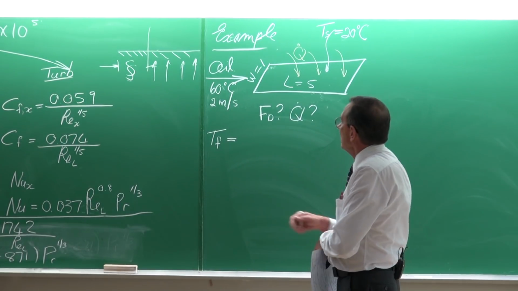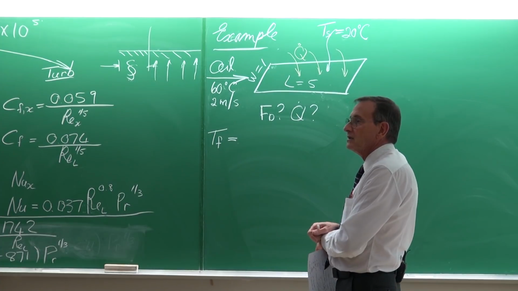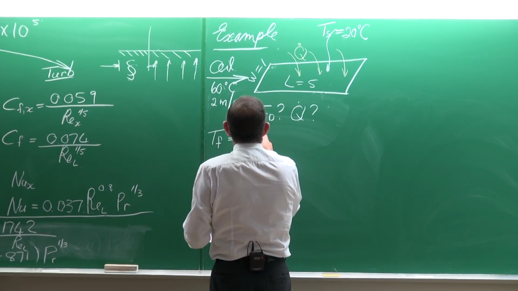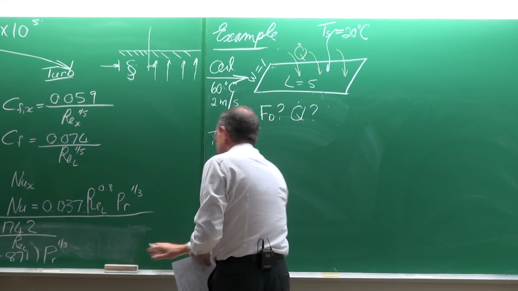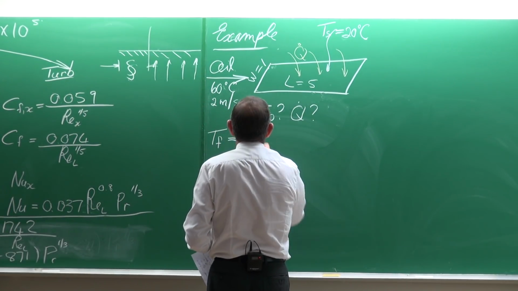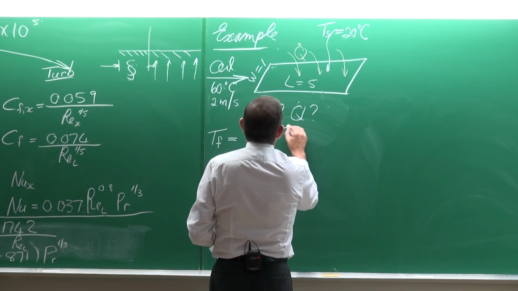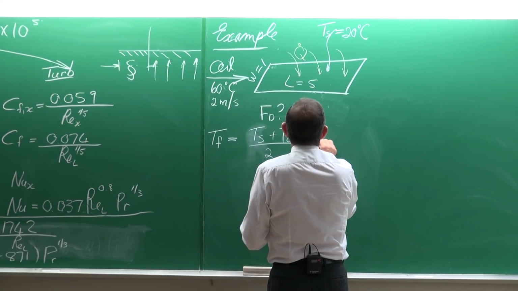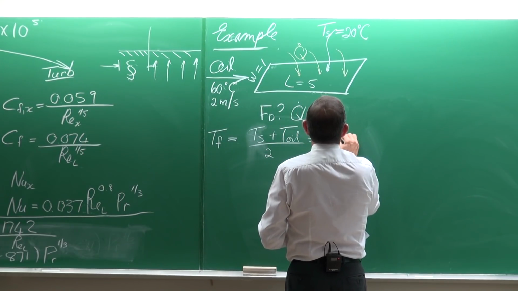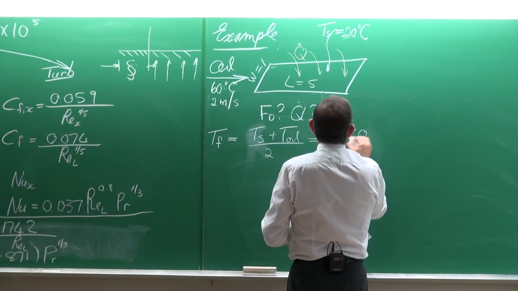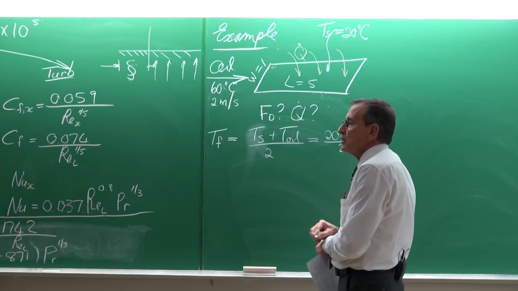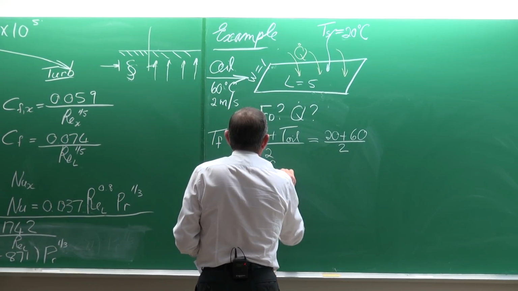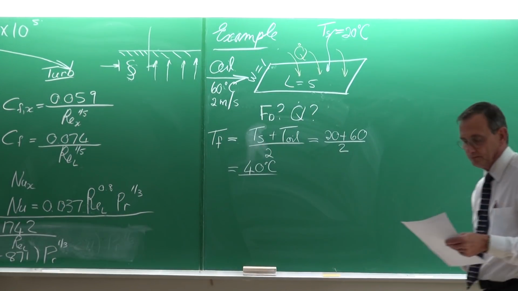How do we do it? Well, we calculate a film temperature, and we are going to say in this case the film temperature is equal to the temperature of the surface plus the temperature of the oil divided by 2. The temperature of the surface is 20, the oil is at 60, divided by 2, so we would like to know the properties at the temperature of 40 degrees Celsius.